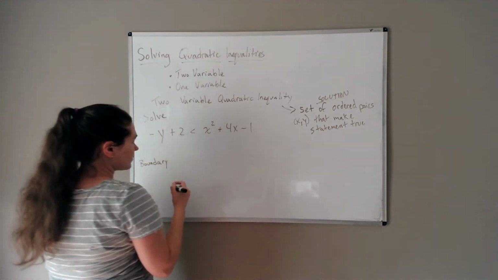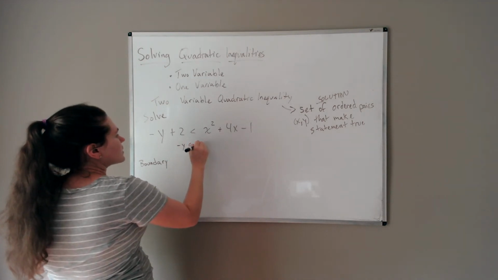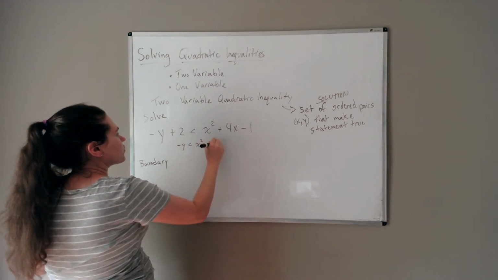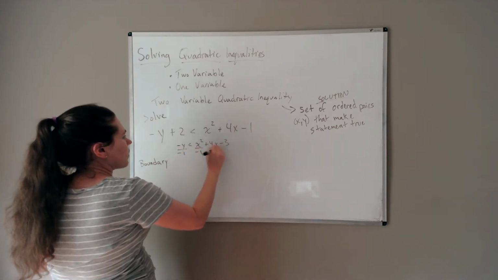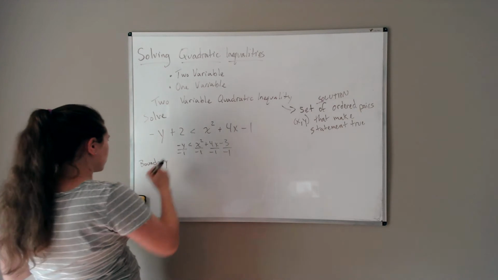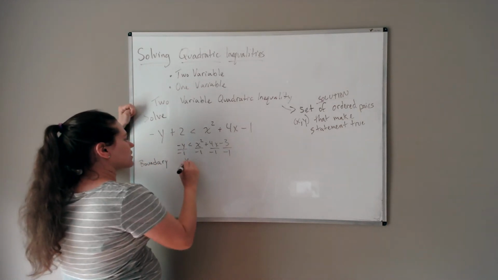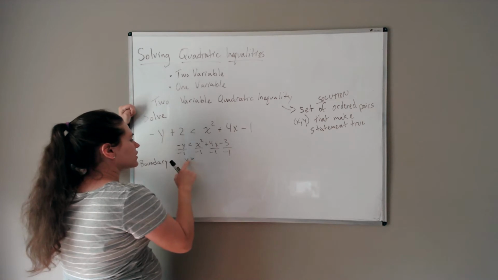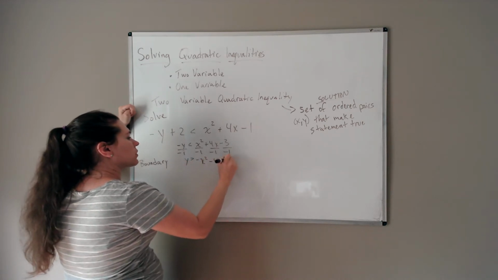So we take away 2 from both sides. That gives us negative y is less than x squared plus 4x minus 3. Then we divide by negative 1 to get a coefficient of 1 on y. Because we just divided by a negative, we need to flip the symbol. So we have y is greater than negative x squared minus 4x plus 3.